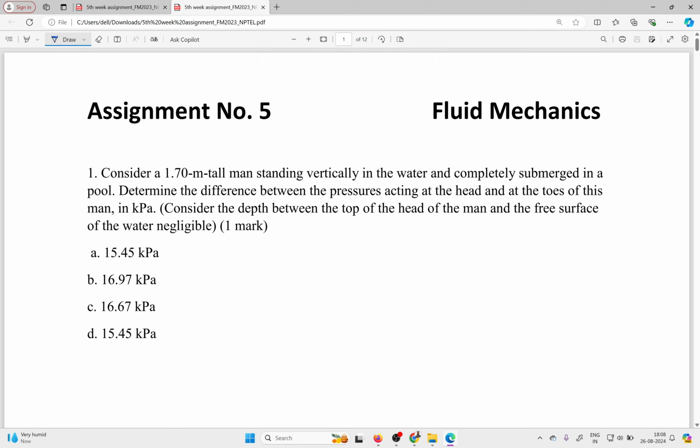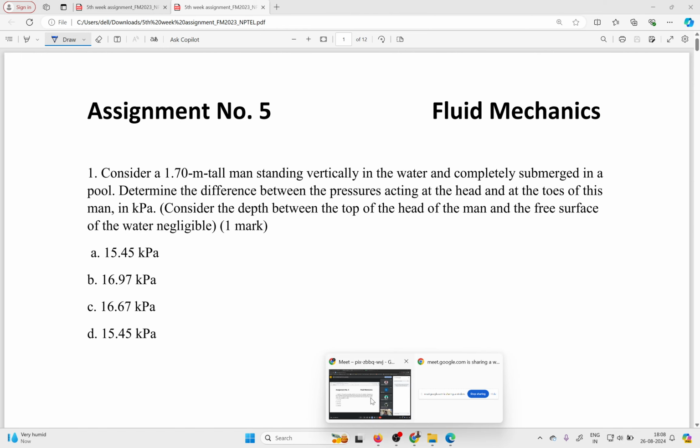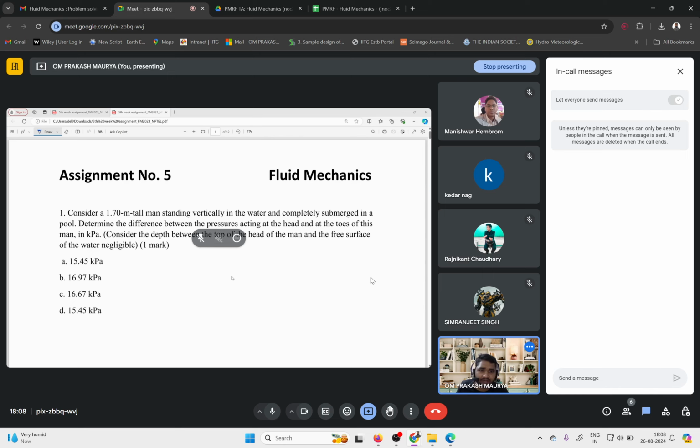Just please try to solve, then I will explain what the concept is, how you will draw the diagram and how you will solve. So first of all, I need an answer from your side in the chat box. Which option will be correct, please?